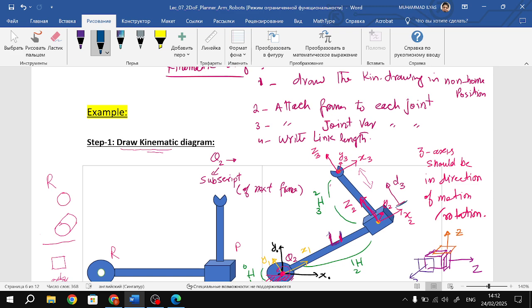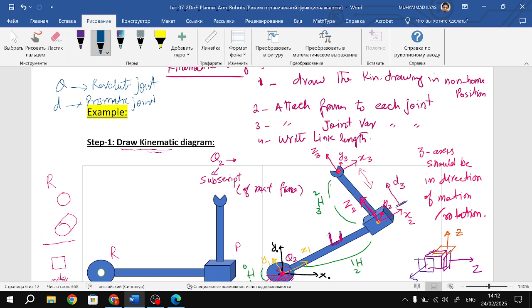Because this is a joint variable, and we write joint variables like theta for the revolute joint and D for the prismatic joint. This is the notation we saw in the first lecture. D3, D for the prismatic joint, linear joint, theta for the revolute joint.